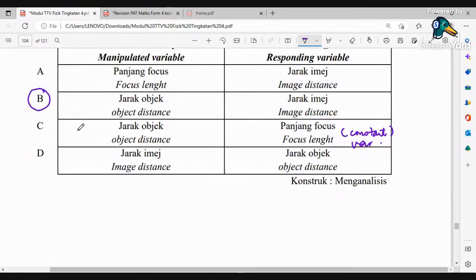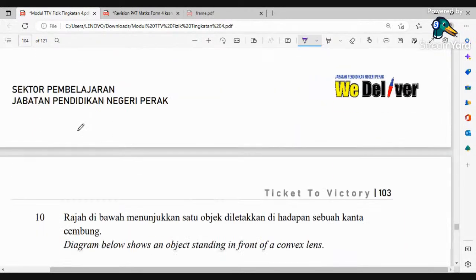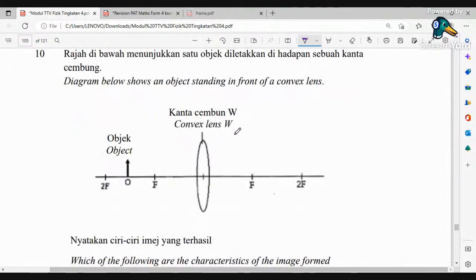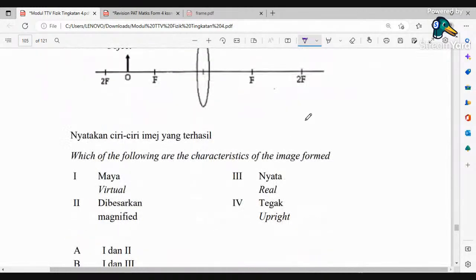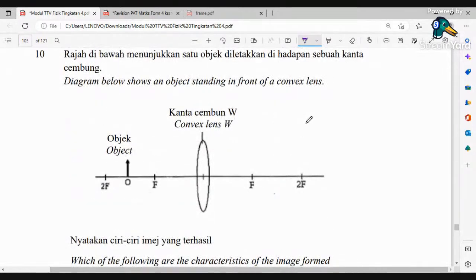Okay, number 10, diagram below shows objects standing in front of convex lens. State which of following a characteristic of image form. If you memorize already, you will know the answer. U between F and 2F ialah real, inverted, magnified.